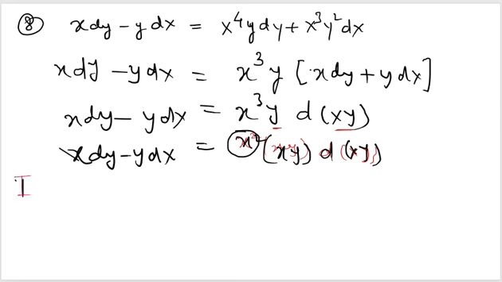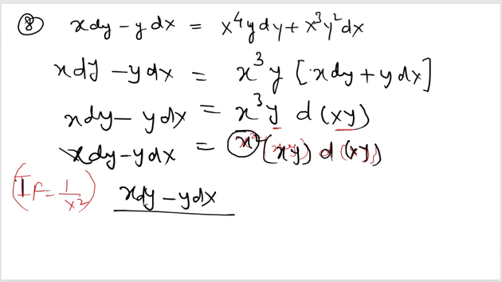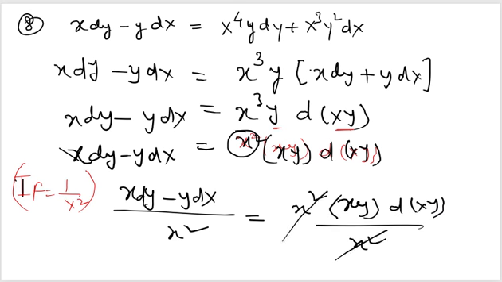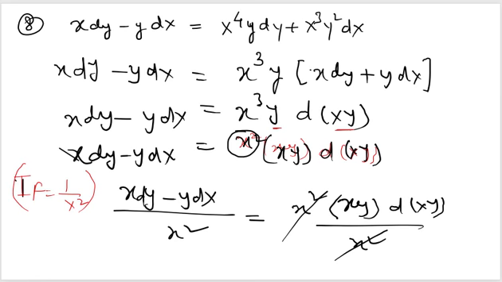The integrating factor of the current question is 1 upon x squared. When 1 upon x squared is multiplied on both sides, you get x dy minus y dx upon x squared. On this side you have x squared, and xy d of xy gets cancelled. This expression can be written using the quotient rule, u by v squared, v du minus u dv, and that's it.